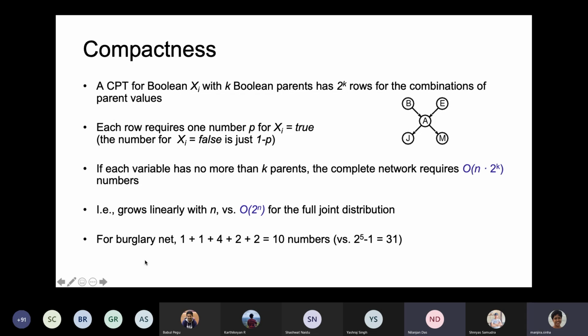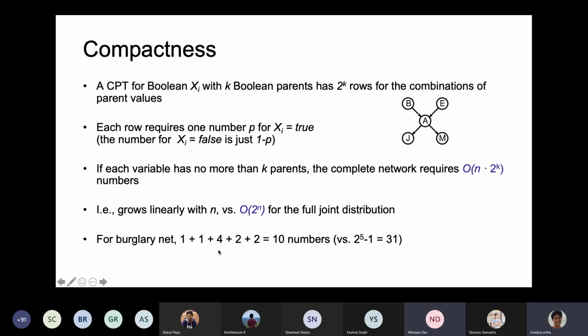For example, for this burglary net, how many numbers do we require? See, this has no parents, so it will be 2 to the power 0, that is 1. This is also 2 to the power 0, so 1. This has two parents, so 2 to the power 2, that is 4 numbers in the conditional probability table. This has one parent, so 2 to the power 1, so 2 numbers, and this has one parent also, so 2 numbers.